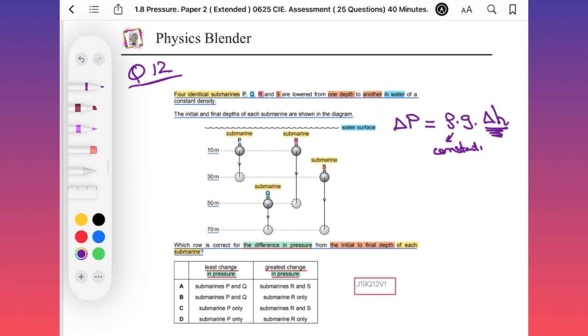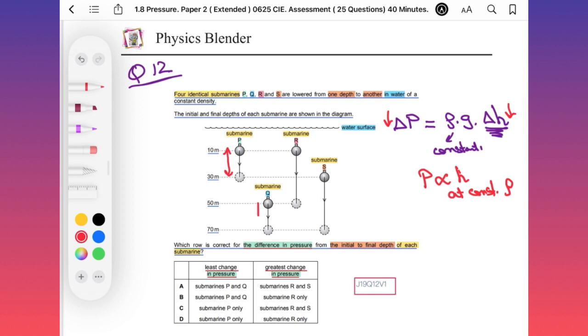So it means you have to compare the least change in pressure or greatest change in pressure according to the change in depth. So pressure is directly proportional to depth at constant density. Okay, submarine P, you have here 20 meters change.